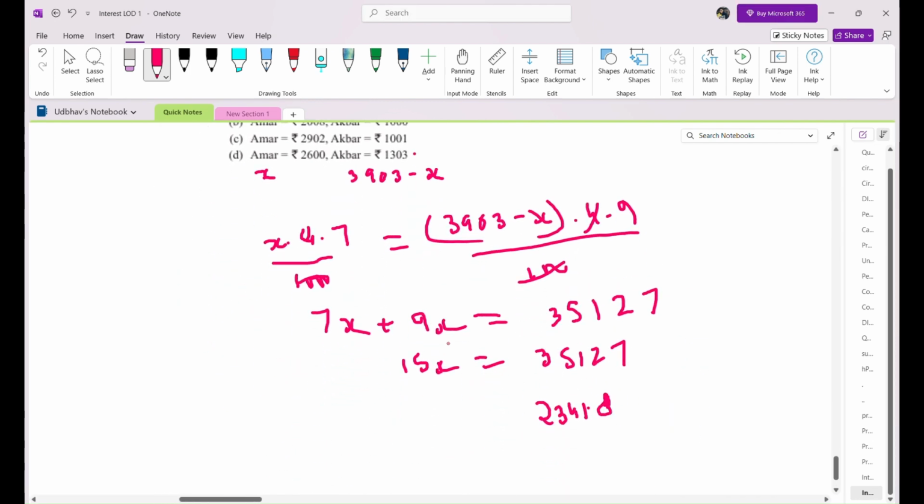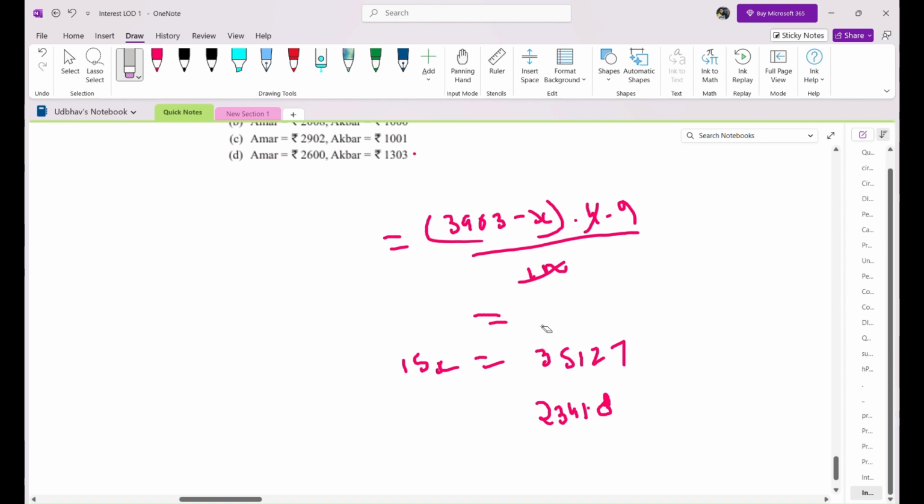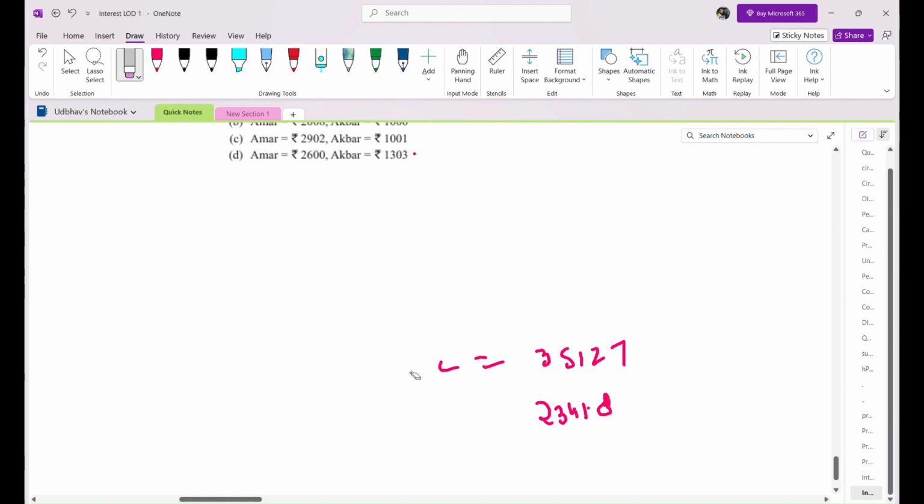This is not simple interest. Okay, so this is wrong. But still we can solve it using the compound interest formula.